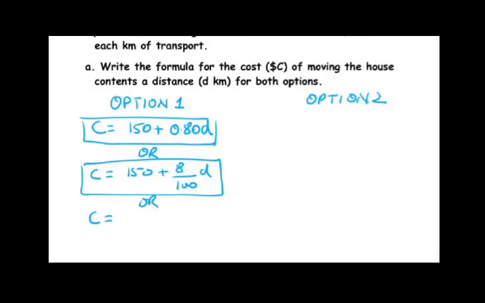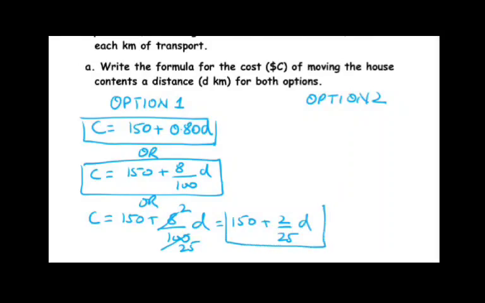Or 150 plus 8 upon 100d, you can cancel these out. 4 2s are 8, 4 25s are 100, which can ultimately be 150 plus 2 upon 25d. Okay, this could be your third option.